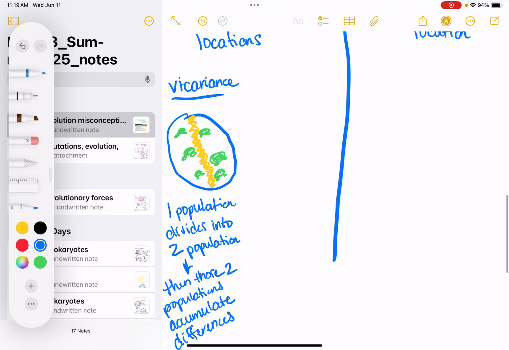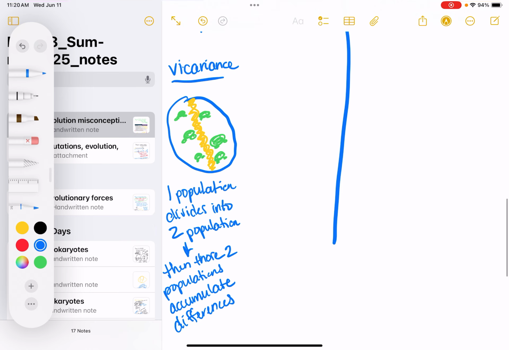So it could be that drift acts separately on these two different populations, and a lot of neutral mutations happen in both populations and eventually lead to some isolation, and we'll talk about that a little bit more tomorrow, okay? It could be that there's natural selection and that there's different forces on these two different sides, right? So maybe there are two different types of predators on the two different parts of the pond, and so they're under different pressures, okay?